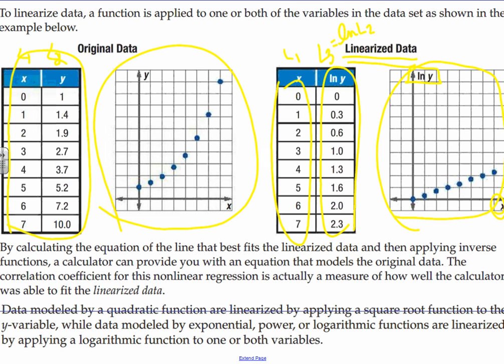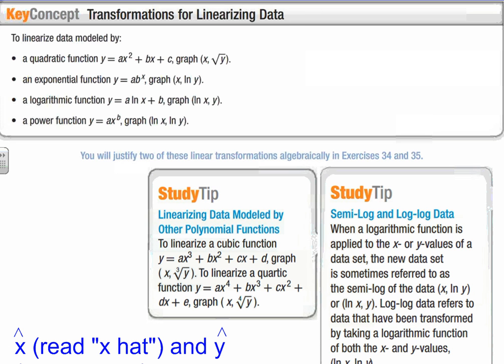So now the book authors are giving us a guide for transformations for linear data. To linearize data modeled by a quadratic function, we graph x and the square root of y instead. Take a minute, you're going to want to write these down.